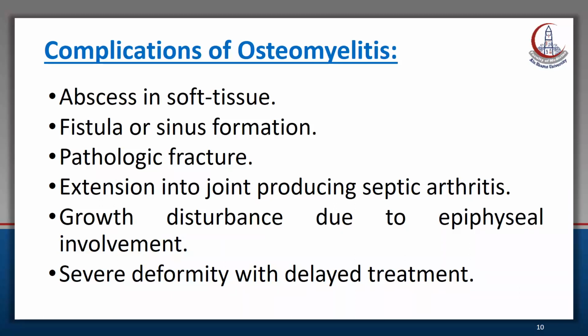Extension into the joint can produce septic arthritis. There can also be growth disturbance due to epiphyseal involvement, as the cartilage responsible for elongation of the bone and growth is disturbed.